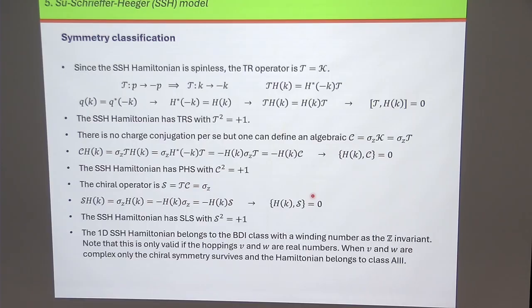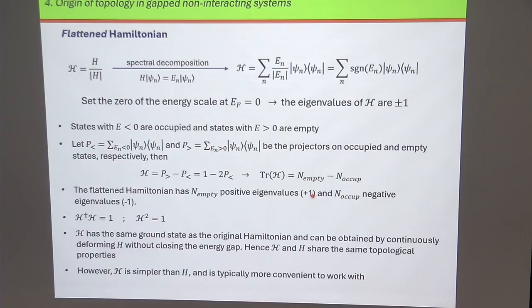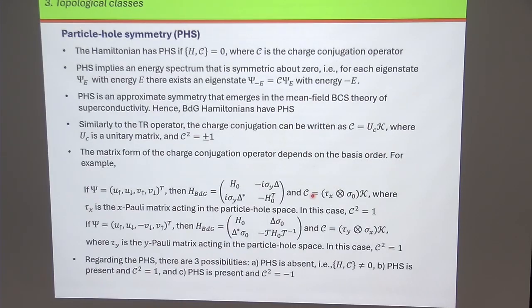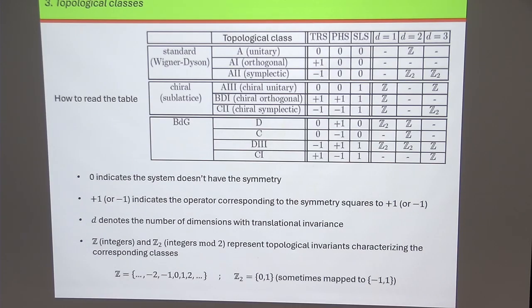If you go to the table, you will see this is the BD1 class. Okay, so we can quickly go to the table here. You can see here BD1, which has the three symmetries and all the operators square to 1. And if I am in 1D, which is this case, just a chain, then I will have this C invariant, which in that case is the winding number.